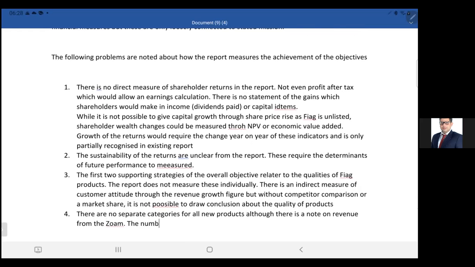The number of development projects, their state of completion, and then their market performance all require to be monitored.